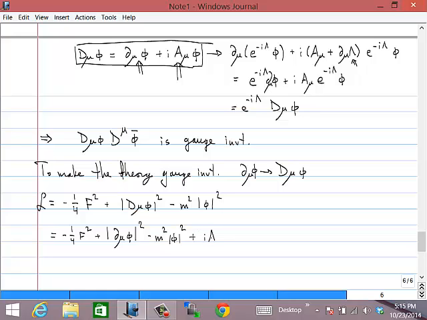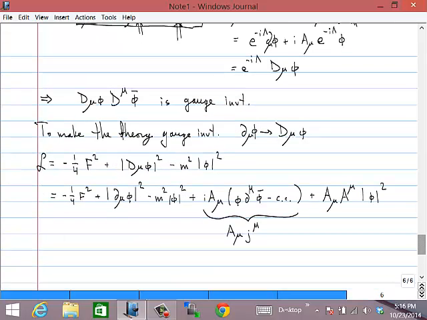So you'll have I A mu times phi d mu phi bar minus its complex conjugate. So this is precisely the term that we called A mu J mu up above. So that quantity in parentheses is just the current. Then there's the correction term, which is the term that we didn't have up above, which looks like A mu squared times phi squared. Good.